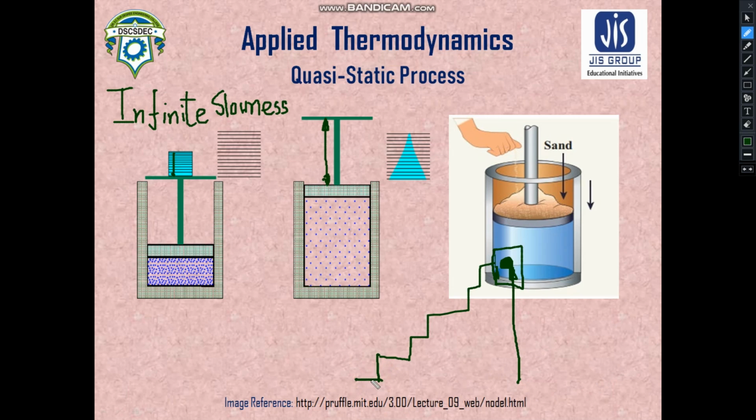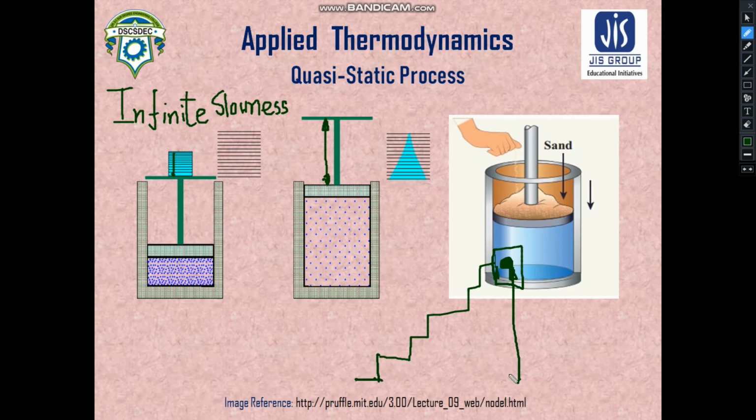You will start from here. With each step you take, there is some work involved, that is, you are working against gravity. So in each case you will observe fatigue. This can also be compared with a quasi-static process.